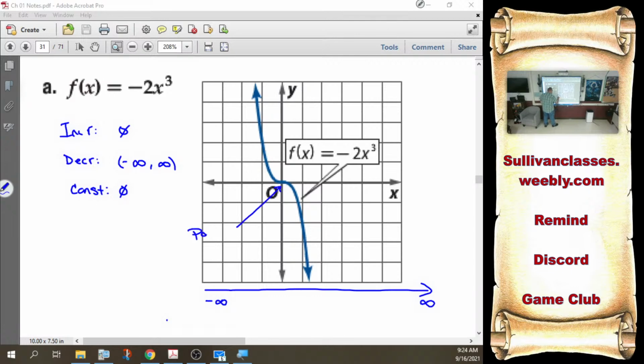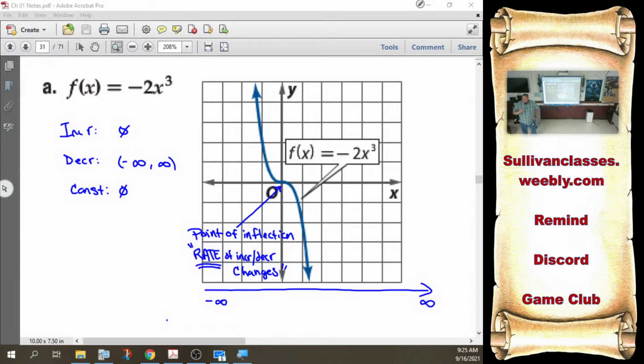It's called a point of inflection. And it's when the rate of increase or decrease changes. When the rate changes. It's still decreasing, but the rate changed.